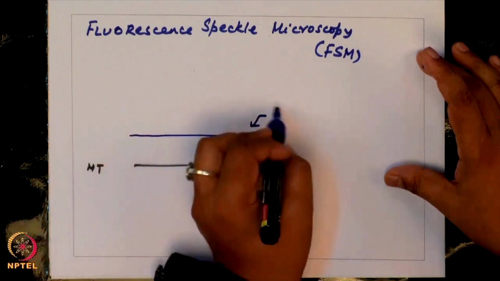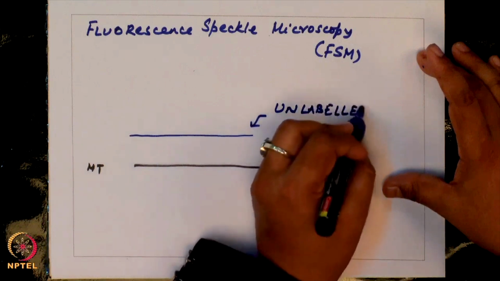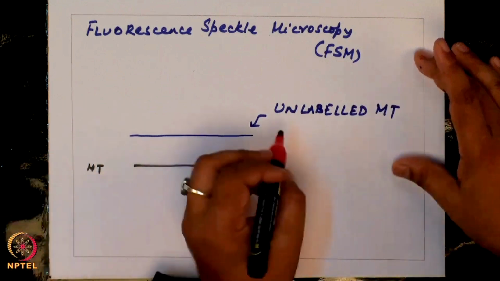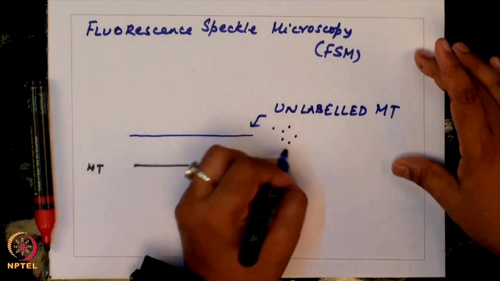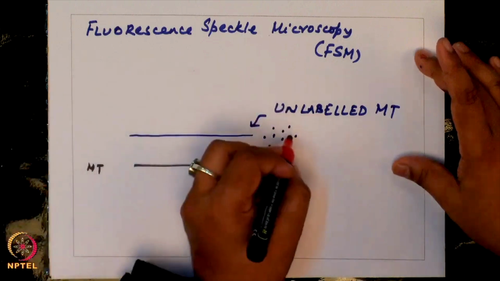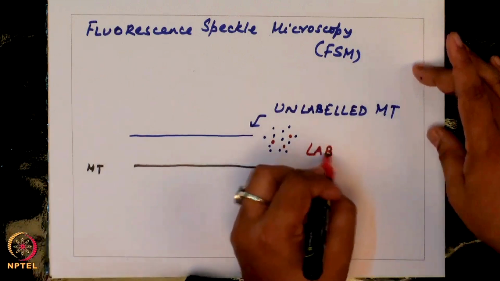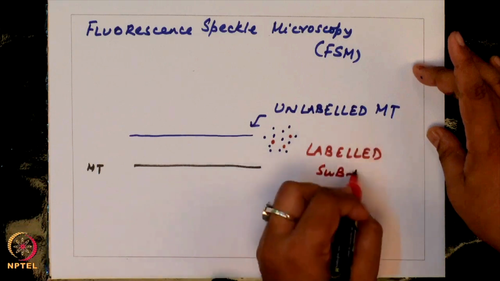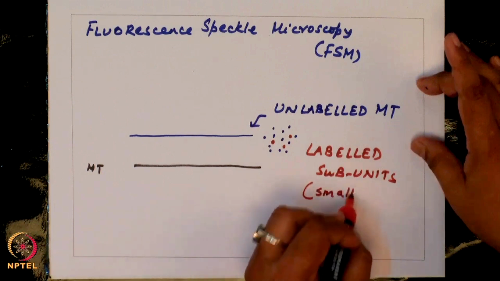So, this is an unlabeled microtubule, and you have all these subunits which are unlabeled, and within this mix of unlabeled subunits you add some labeled subunits. So, this is a small percentage.